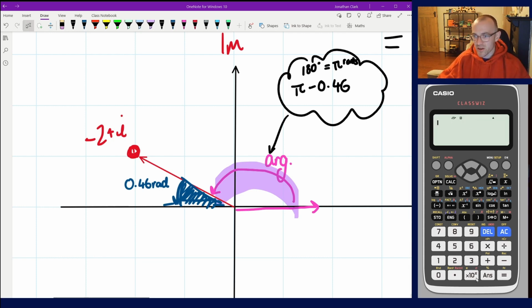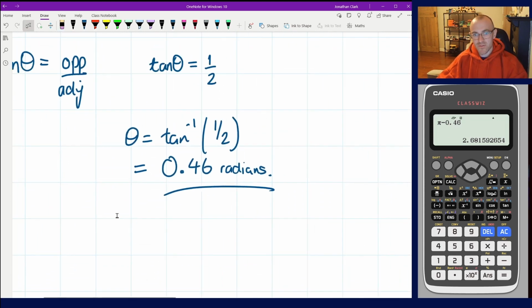Same principle, right? So pi take away there is going to give me an angle of around about 2.68, some other decimals. I think we'll round that to 2 decimal places. Give 2.68 radians. Write it down here.